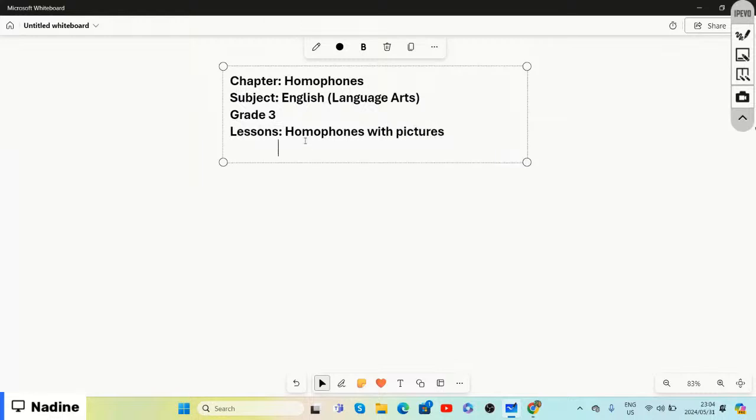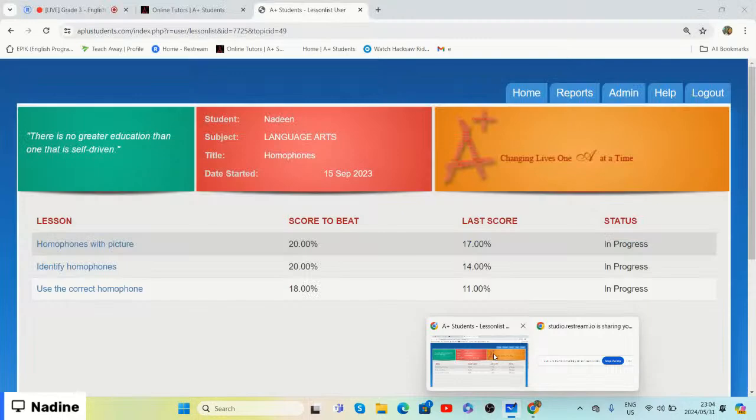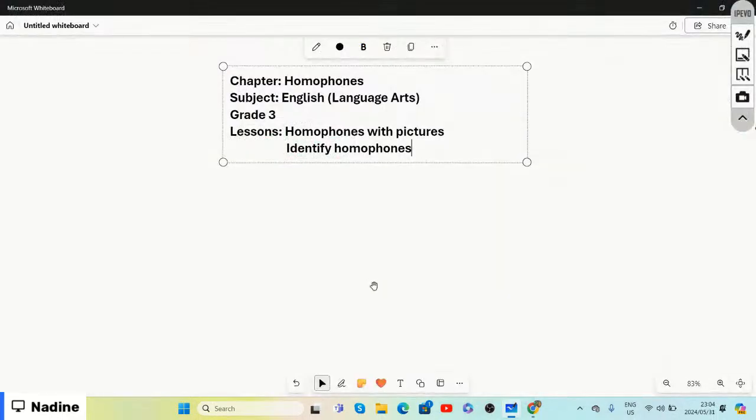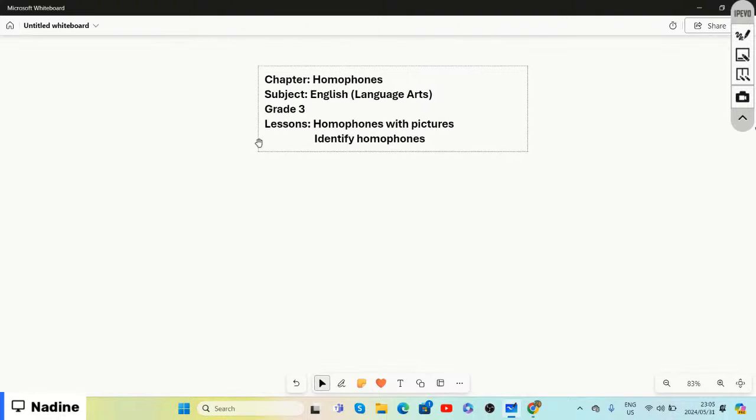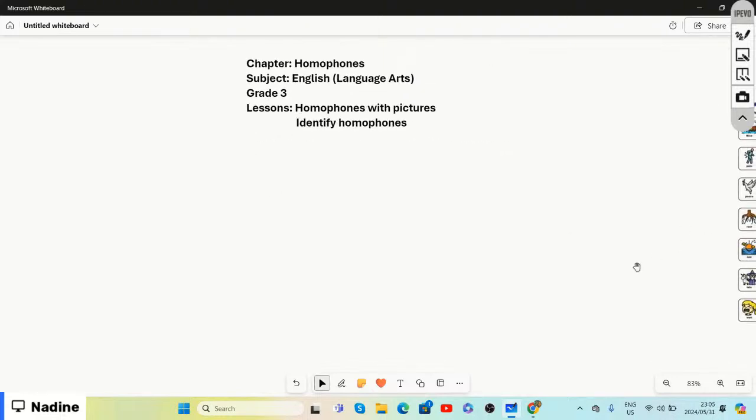The lessons that we are focusing on are homophones with pictures and identifying homophones.